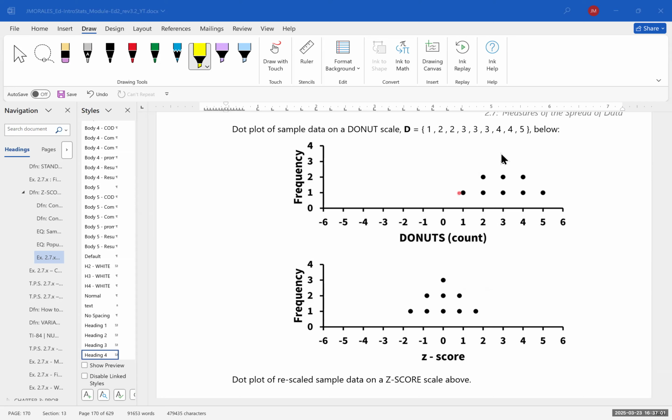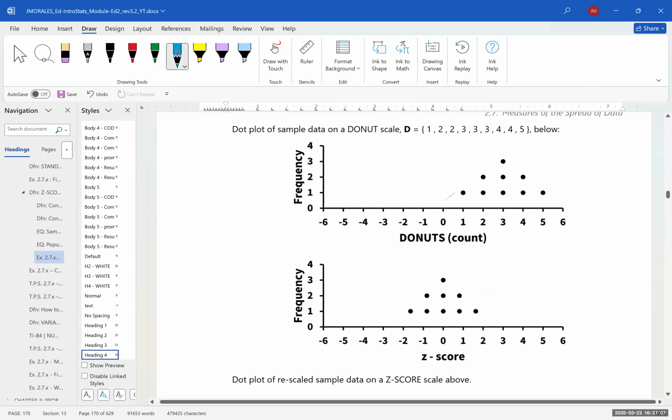notice how the shape of the data did not change, right? We still had this kind of pyramid-shaped data here, and we had this pyramid-shaped data there. And notice that the average number of donuts that were taken out of a box was 3. And that is at the center of this distribution of datums.